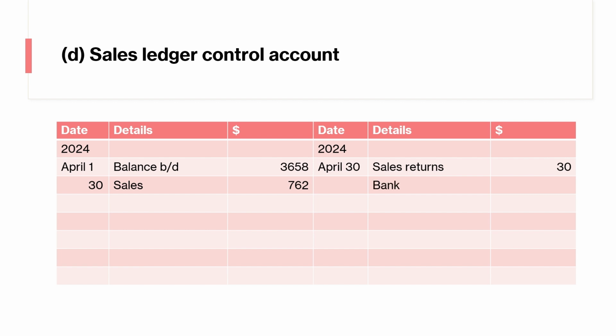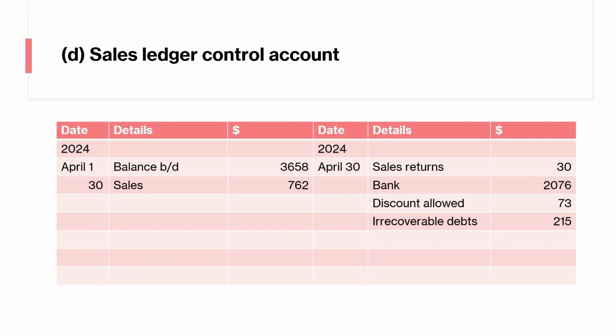Then the total cash receipts saying bank, which we calculated before, 2076, and discount allowed, which we calculated in question C part 2, $73, and now irrecoverable debts, $215.